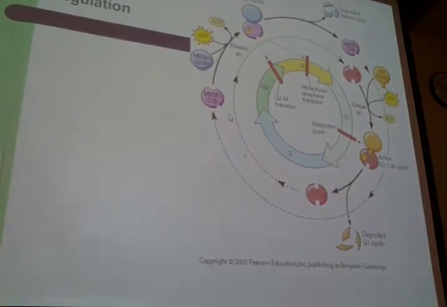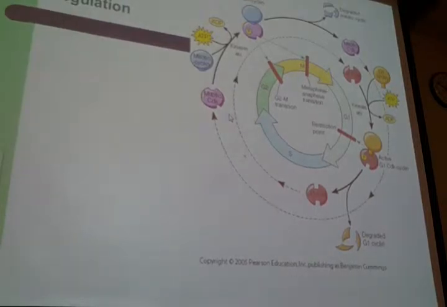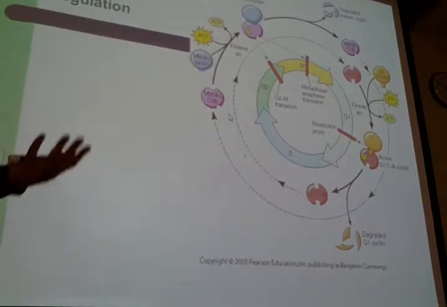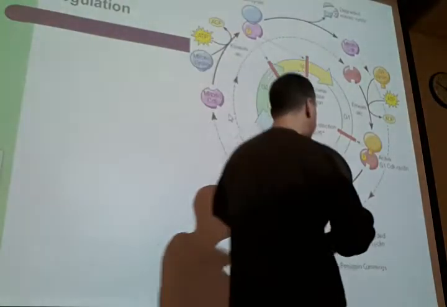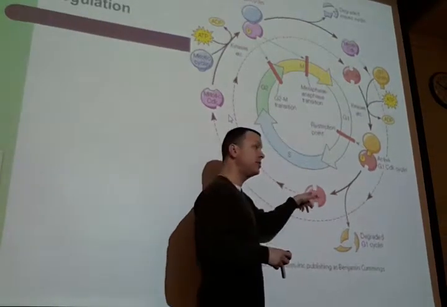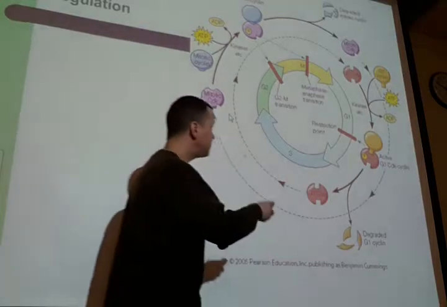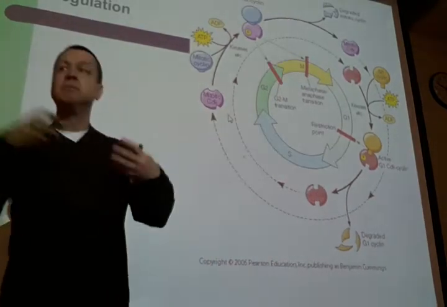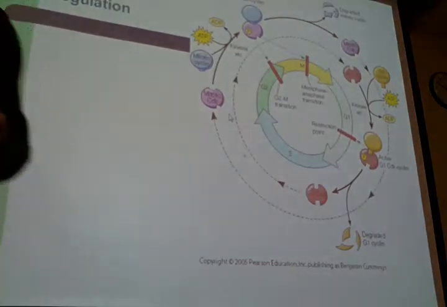If that CDK doesn't have its cyclin attached anymore, what happens to that CDK? It turns off. So it's a really kind of clever way to set up these kinds of transitions. So once you go through the transition, the cyclin is destroyed, turns off that particular CDK. Even though it's still floating around the cell, without its cyclin attached, it doesn't work. Okay, so this can be around all the time, but it's only active when its cyclin is in high enough concentration.